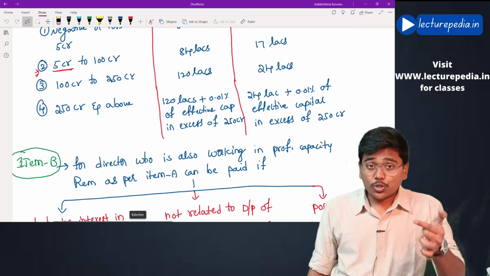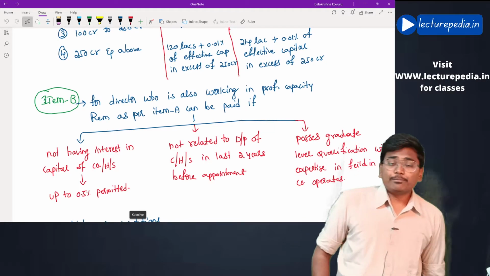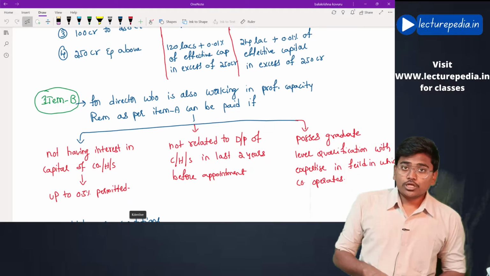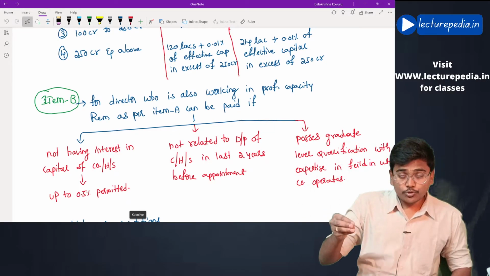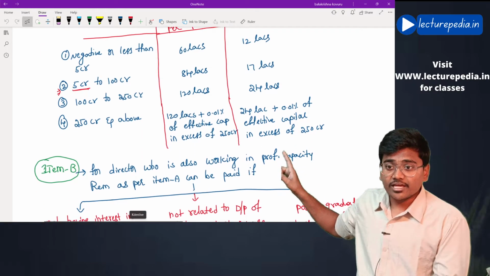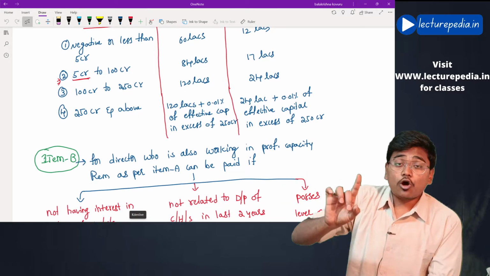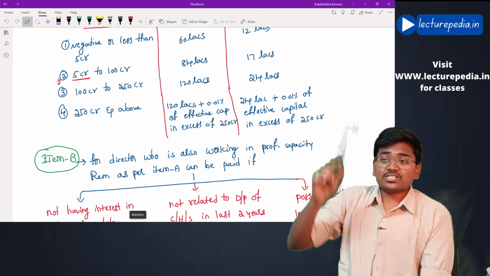Now there is also item B. Now see, basically this item B is applicable if you want to pay the remuneration as per limits specified in item A to a person, that is to a director who is also acting in his professional capacity.